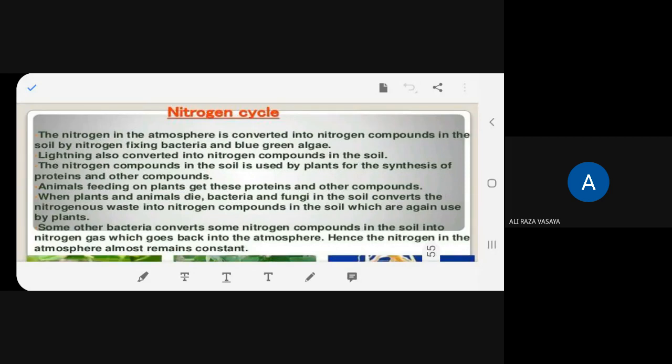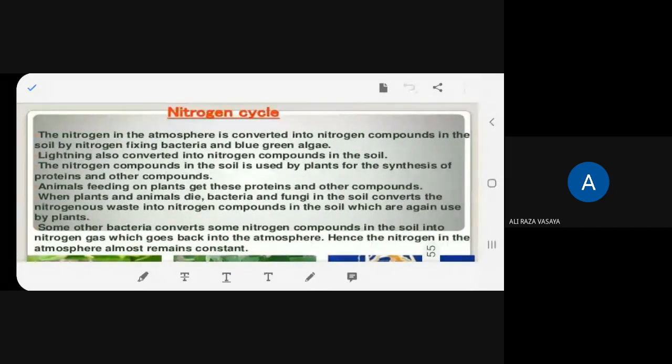So now the root of the leguminous plant has taken up the atmospheric nitrogen, and it is absorbed by the plants, right, beta? And it is converted into proteins and other compounds. So now the protein is formed in the plant. The atmospheric nitrogen is used for the making of protein and other compounds in the plants.